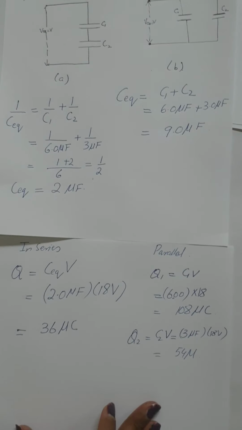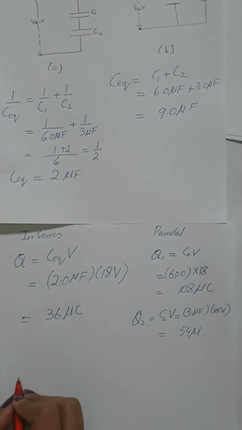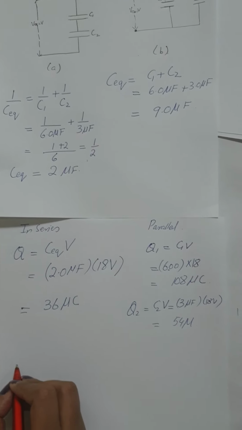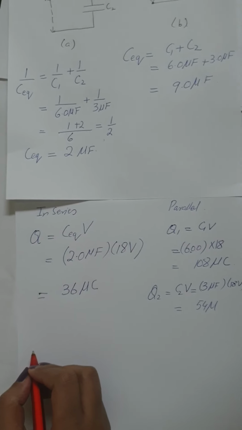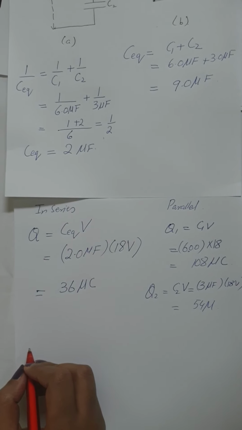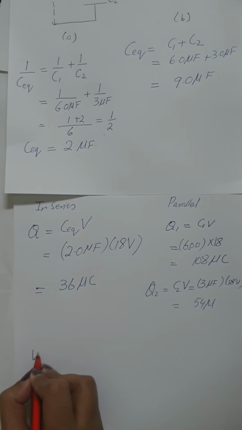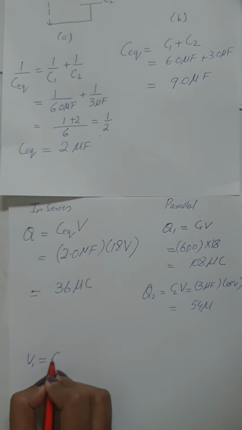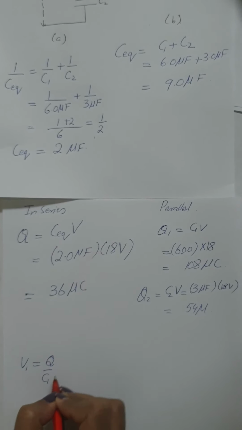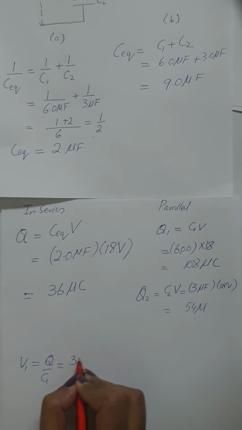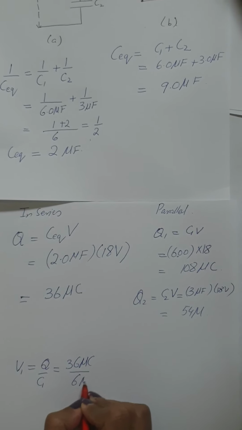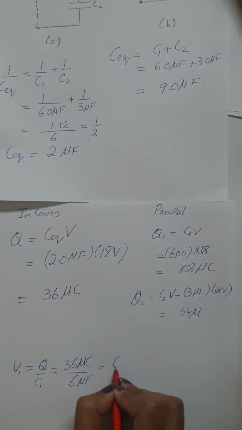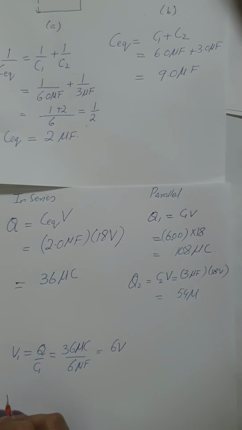Now let's proceed towards the potential difference. The potential difference across each capacitor is inversely proportional to its capacitance in series. So V1 becomes Q over C1, 36 microcoulomb divided by 6 microfarad is equal to 6 volts.